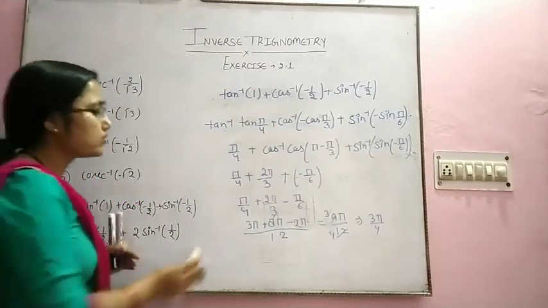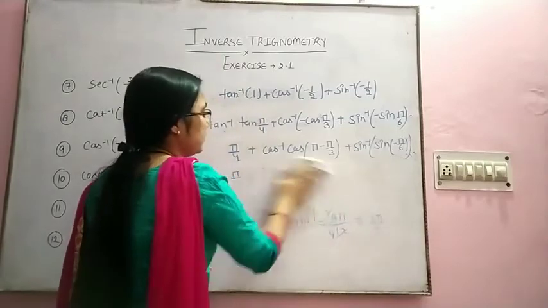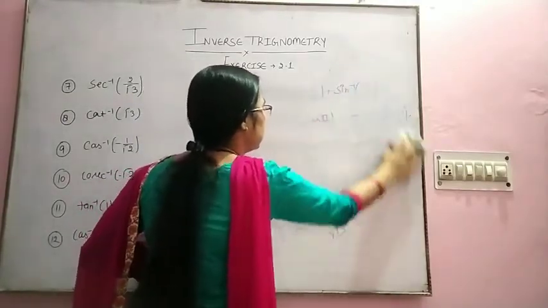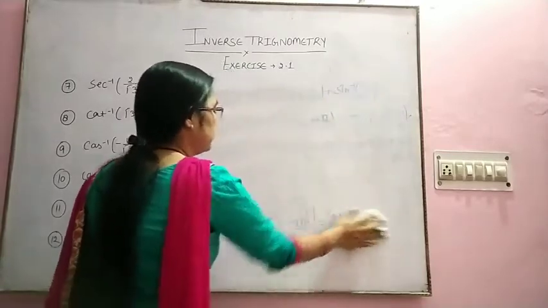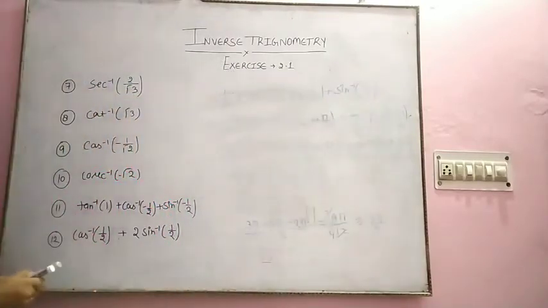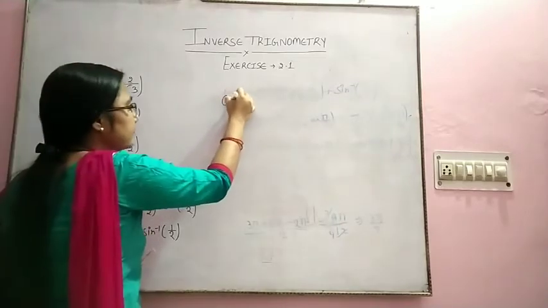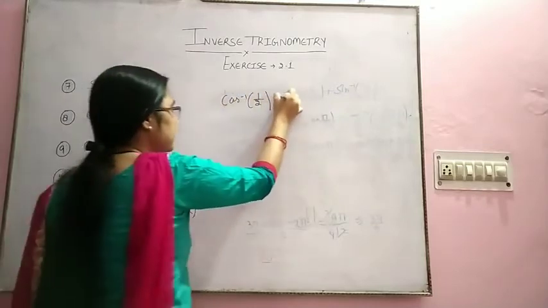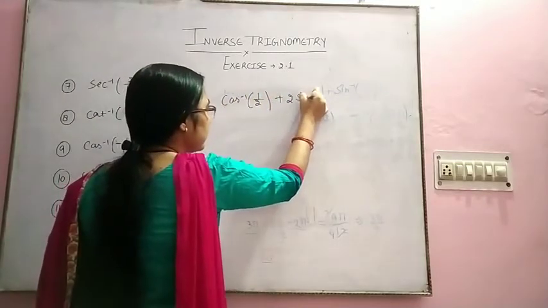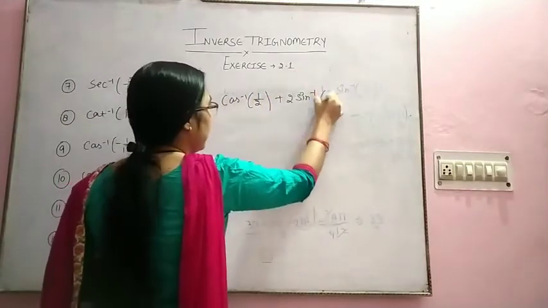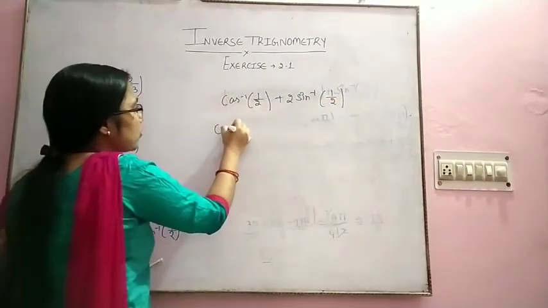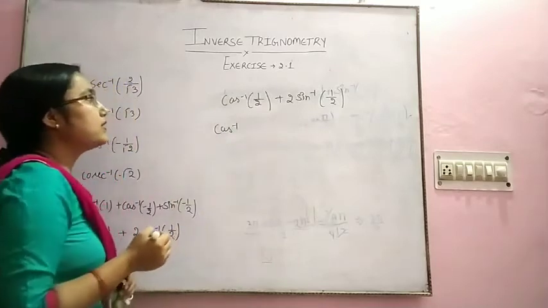Now come to the next question. Next question is cos inverse half plus 2 sin inverse half. So cos inverse half is written in terms of cos.